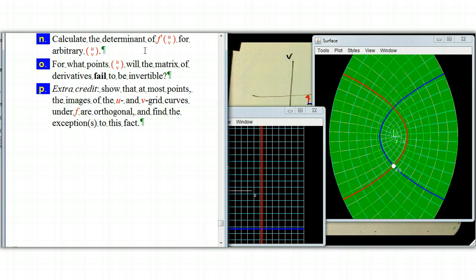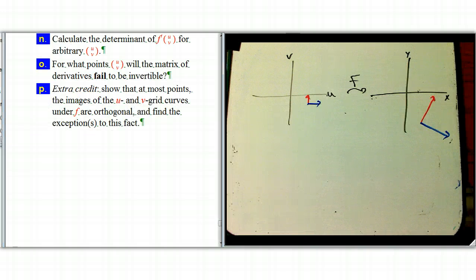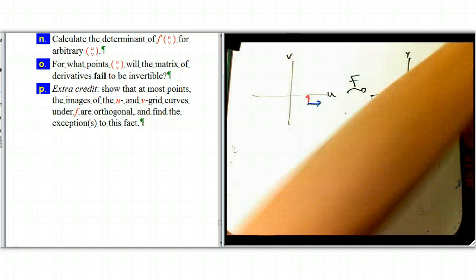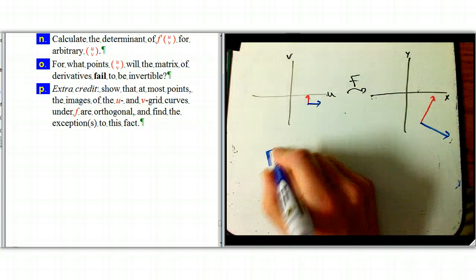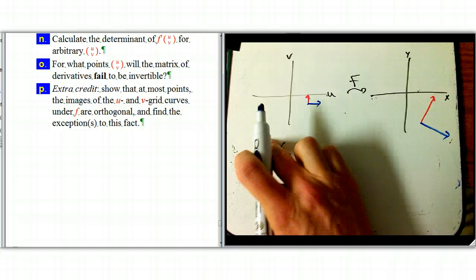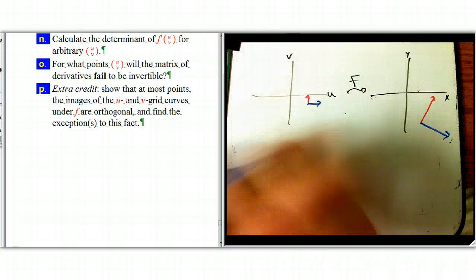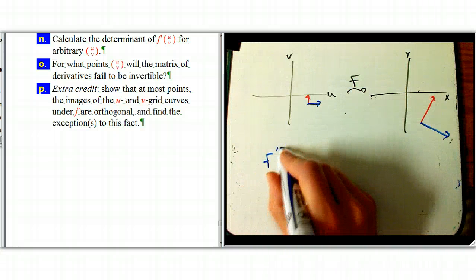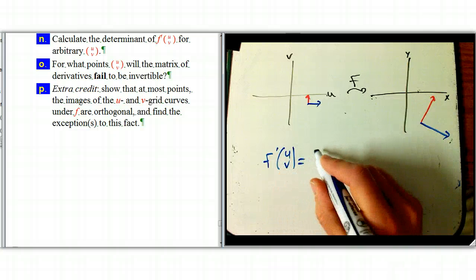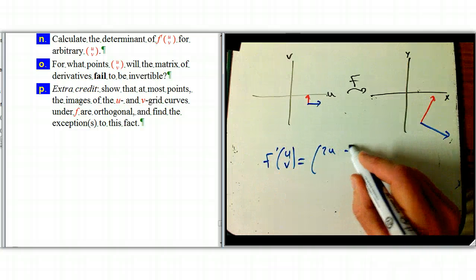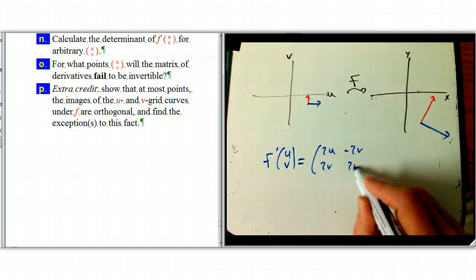I claim calculating the determinant of the matrix of derivatives is going to be instructive. So we know that the matrix of derivatives, whoa, wrong part of the pen there. I've got these chisel tip pens and I forget sometimes. The derivative of f at (u, v) is equal to [2u, -2v; 2v, 2u].